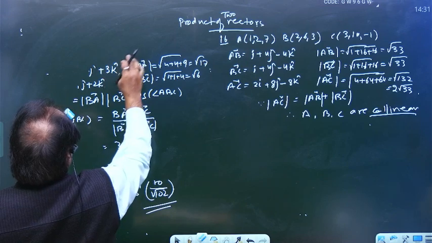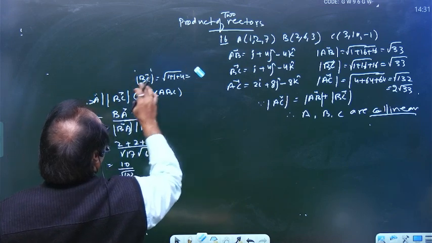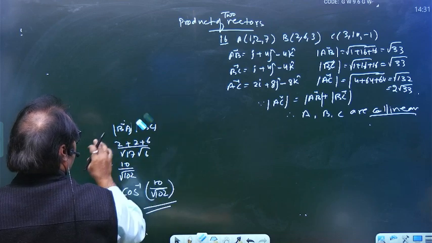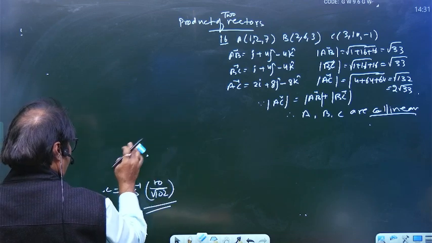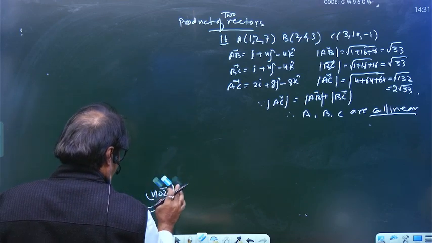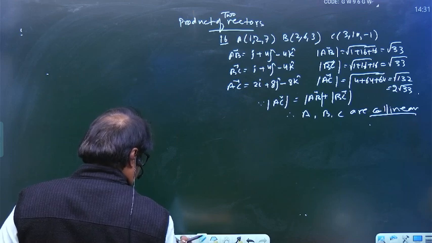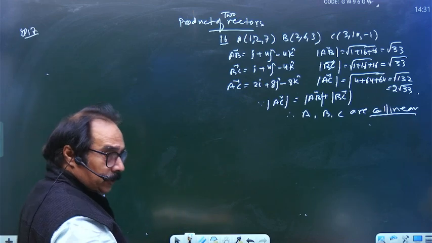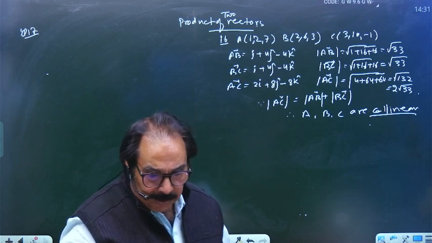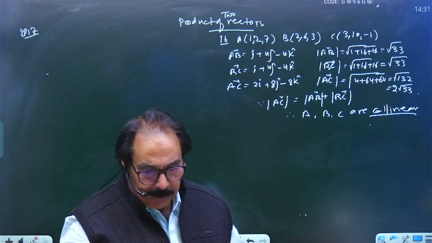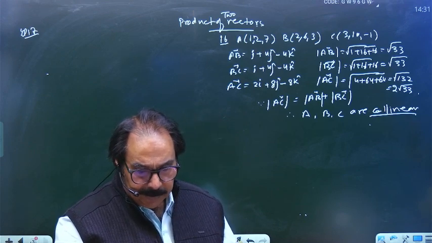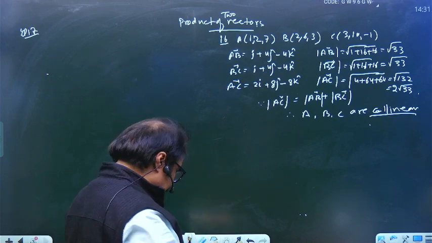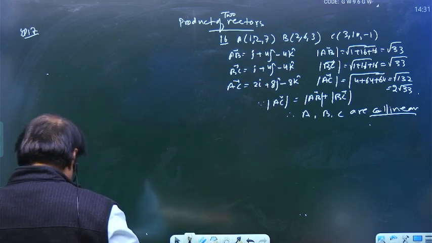Question number 17 says, show that the vectors 2 i cap minus j cap plus k cap, and the other given vectors, form the vertices of a right angle triangle. Again, the same type of questions.